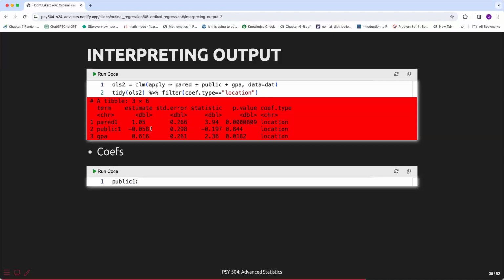So how do we interpret this estimate of negative 0.06? Public is labeled as 1 and private is labeled as 0.